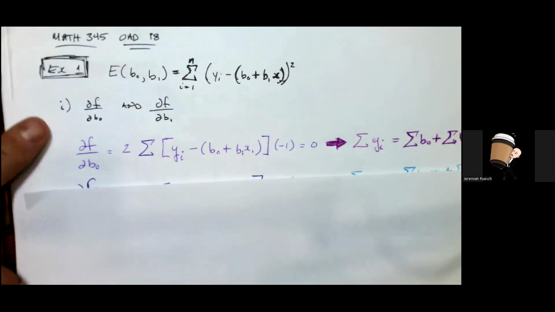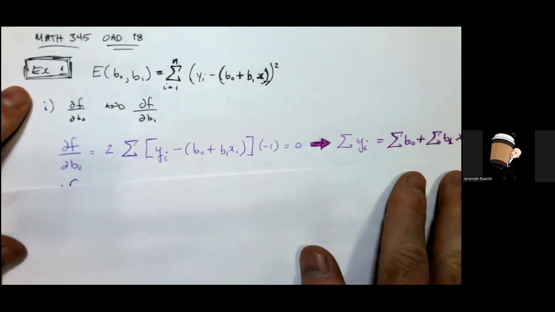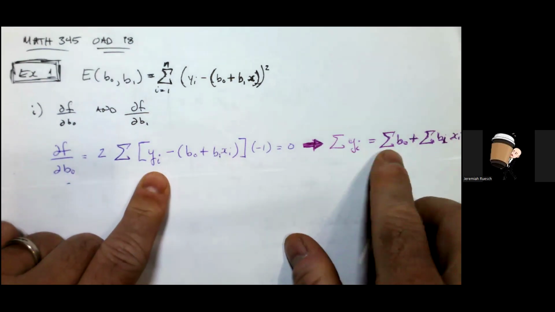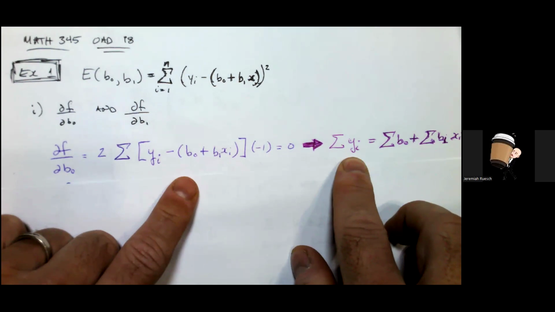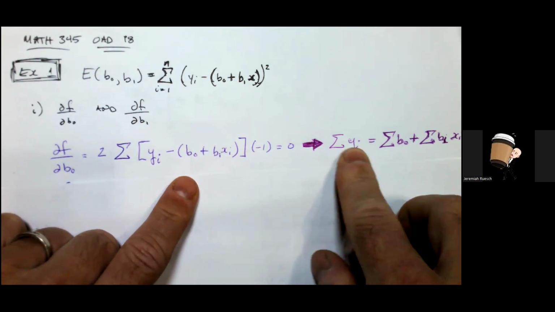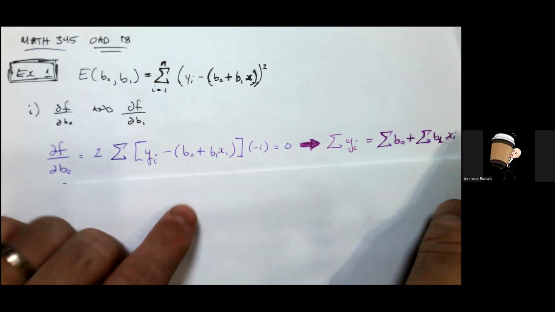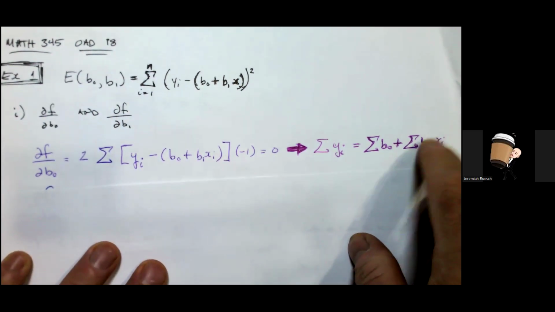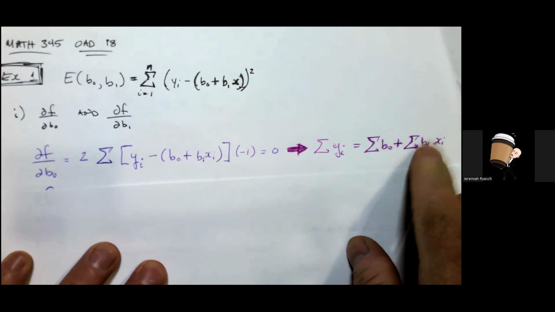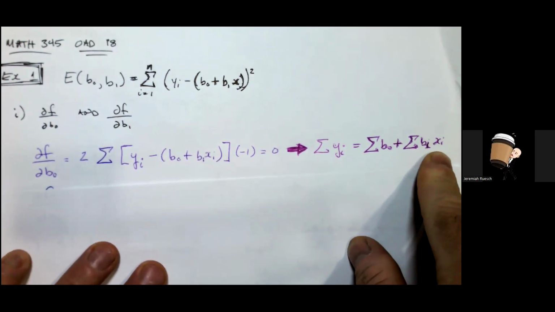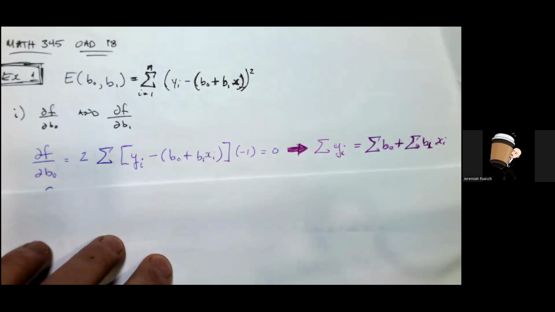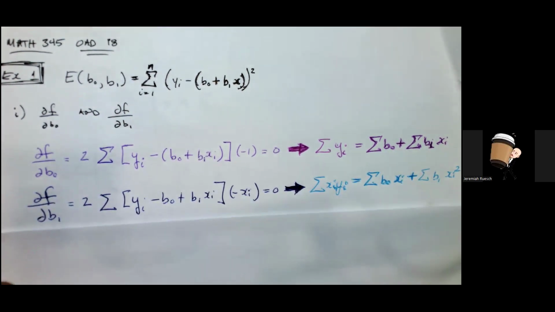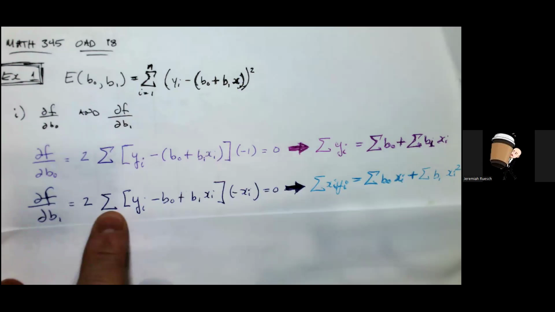And so if we set that equal to 0 and solve, by moving the expected value over, we have the sum of the individual y values is equal to the sum of the b naught plus the sum of the linear term b1, so the slopes, if you will, times the xi quantities. And then the partial with respect to b1 gives us a very similar form.